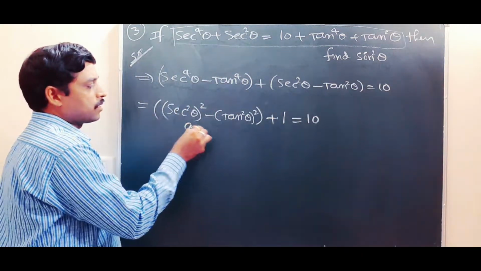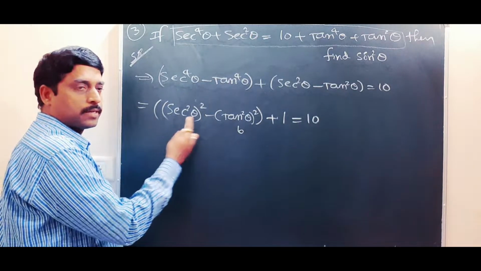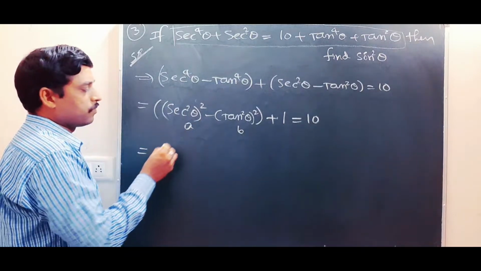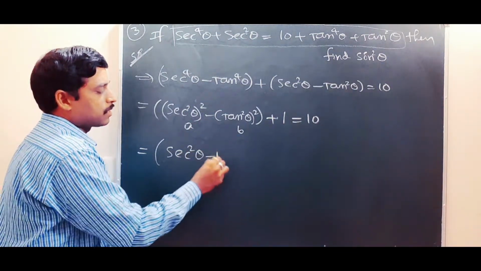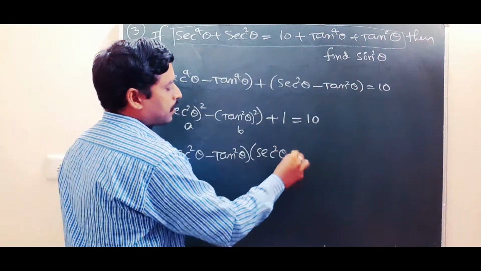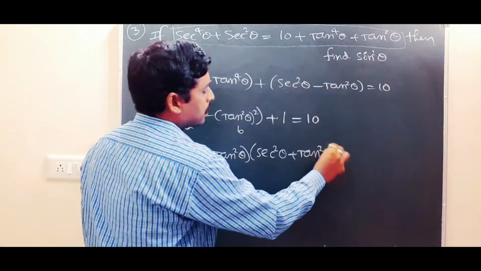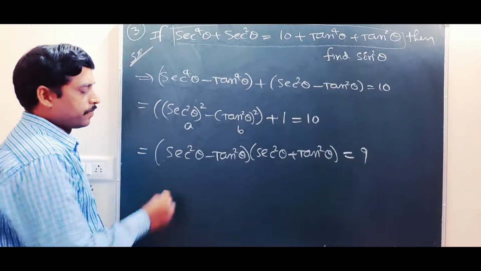So by using the a square minus b square formula, where a is secant square theta and b is tan square theta, the formula is a minus b into a plus b. So secant square theta minus tan square theta into secant square theta plus tan square theta equal to, bringing this to the right side, 10 minus 1, which is 9.